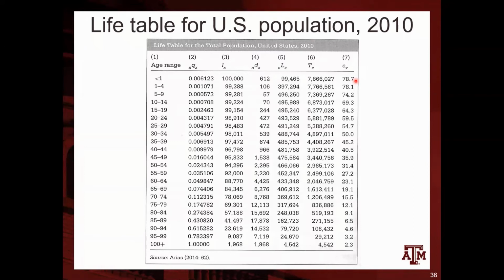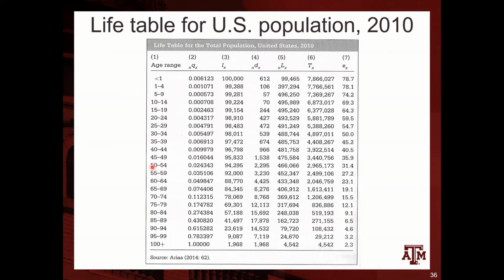Let's say that someone did not die in earlier ages, and that person lived until at least age 50. If someone lives up to age 50, that person was exposed to the chance of dying in previous ages, but did not die, survived. That person is still here. If that person survived up to age 50, what's the life expectancy of that person at age 50?